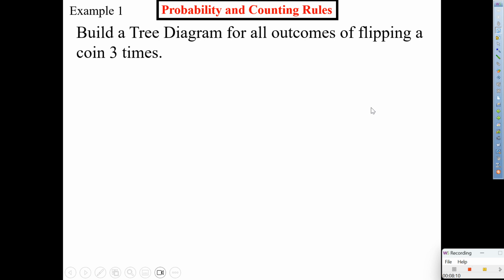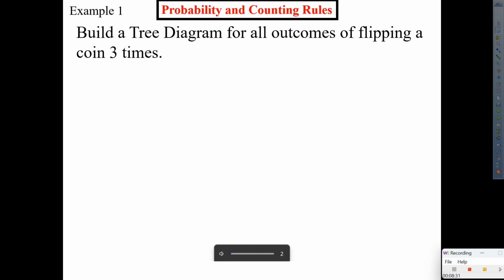Example 1. Today we're going to do tree diagrams. This is the last portion that we're going to look at in regards to the introductory part of probability. It reads, example 1: build a tree diagram for all outcomes of flipping a coin 3 times. Last week and the previous week, we started with ways of representing data, and some of you just listed your data first.